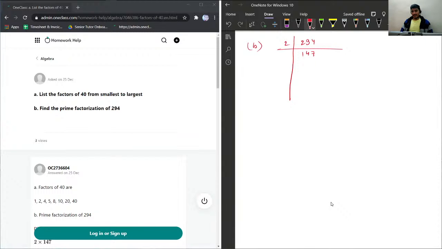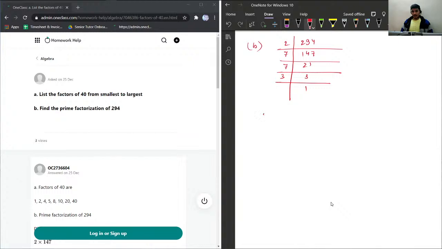Then I can clearly see that 14 can be divisible by 7, so 14 will be 2 times 7. Then this number can again be divided by 7, as 7 3s are 21, and now 3.